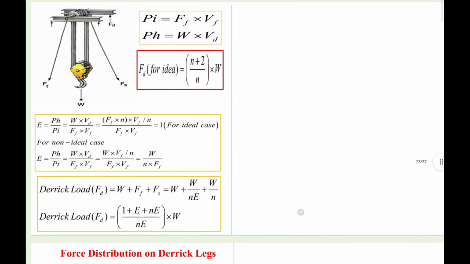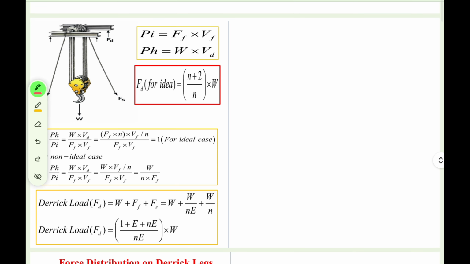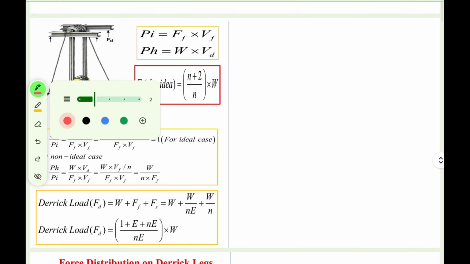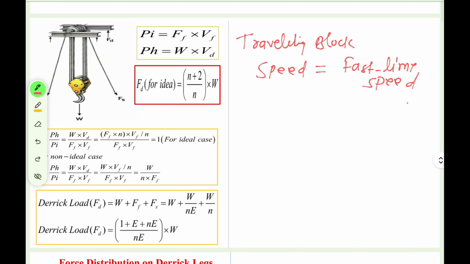The traveling block speed is equal to the fast line speed divided by the number of supporting lines.